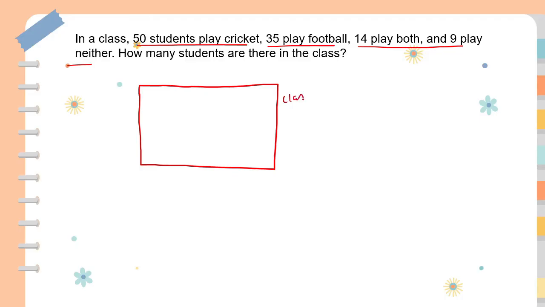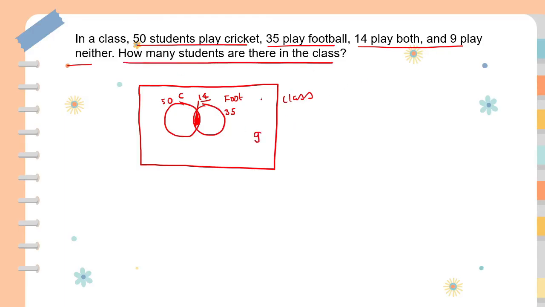This is a particular class, so 50 students play cricket, so this is cricket, and this is football, and 35 play football, and this particular area constitutes 14. So these 14 students play both cricket as well as football, and 9 play neither. So 9 is here.